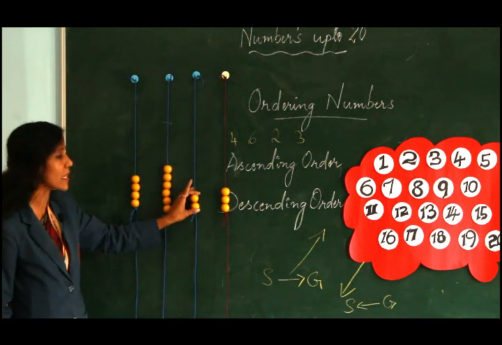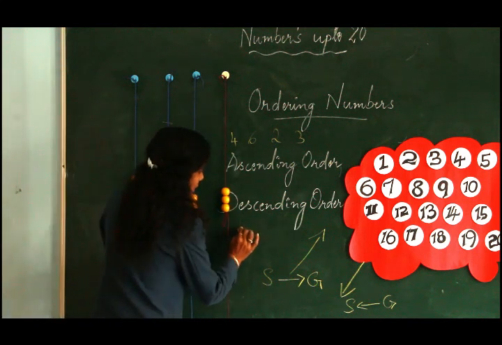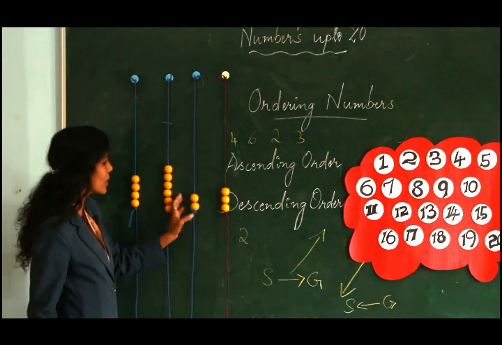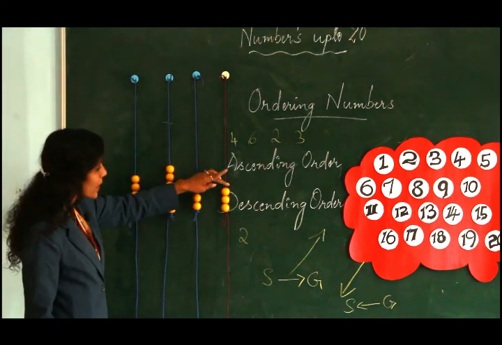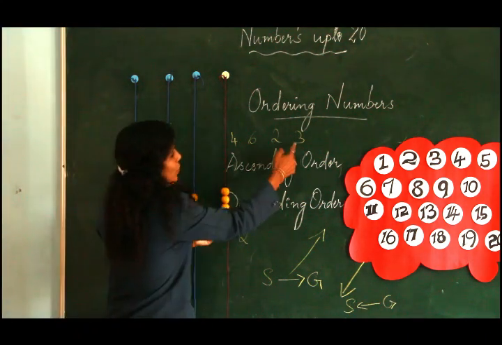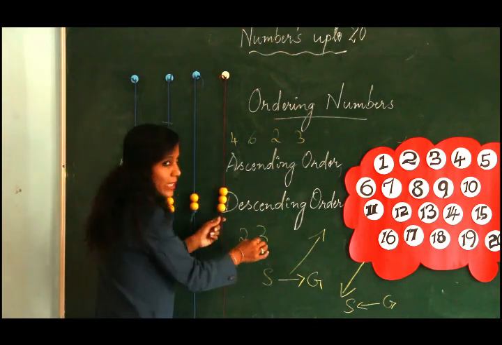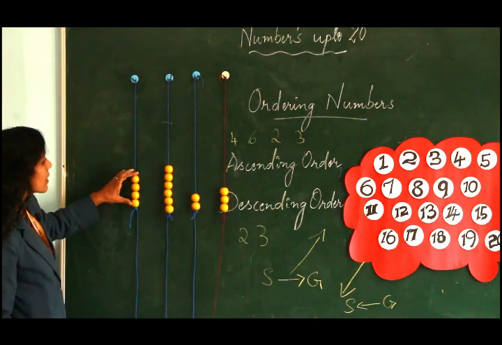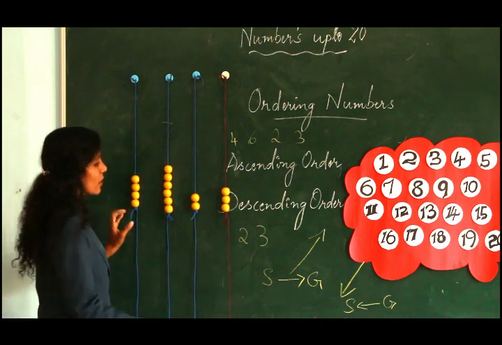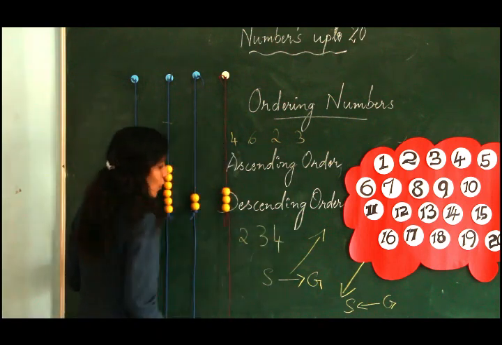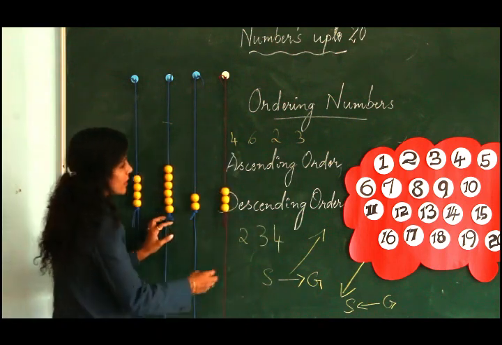So this is the smallest number. So we write 2, the smallest. Next bigger number is here, 3. After this, the next bigger number is 4, and the last one 6.